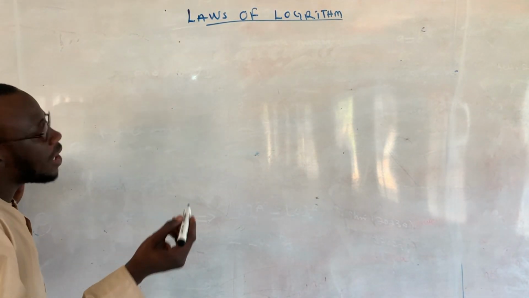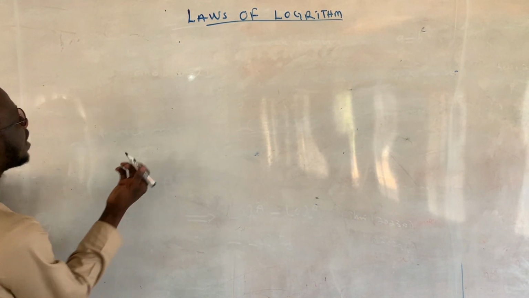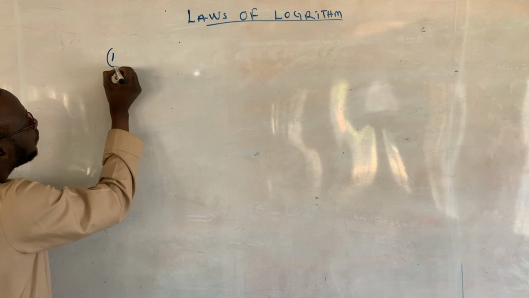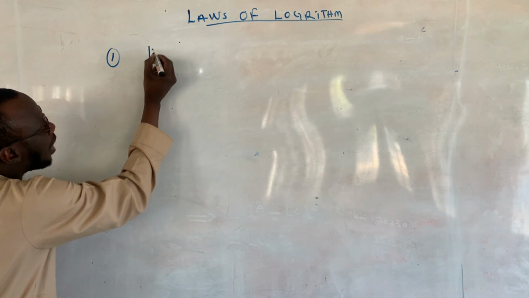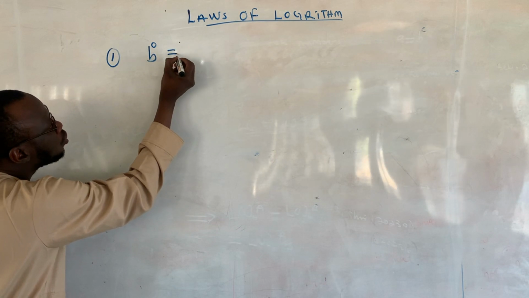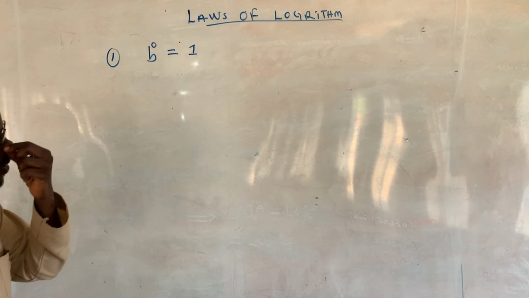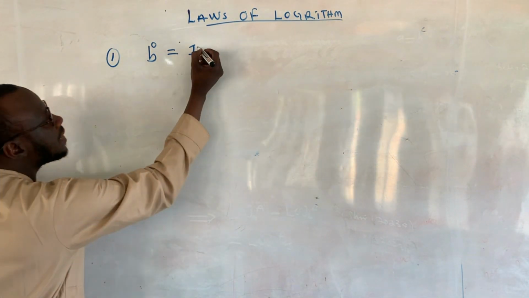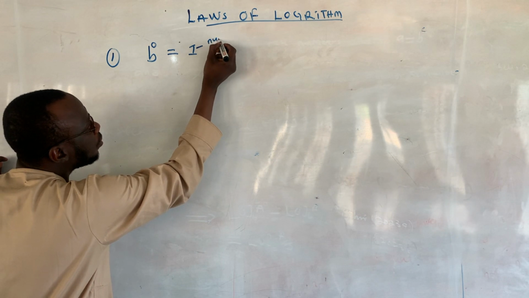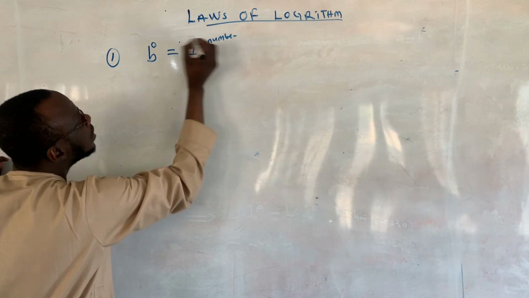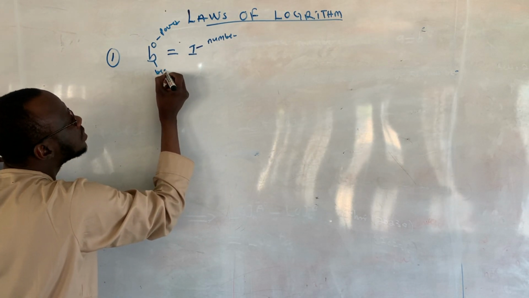Now we move on to another rule. For example, B to the power of 0 is equivalent to 1. Again, if you remember, this is our number, our power, our base.